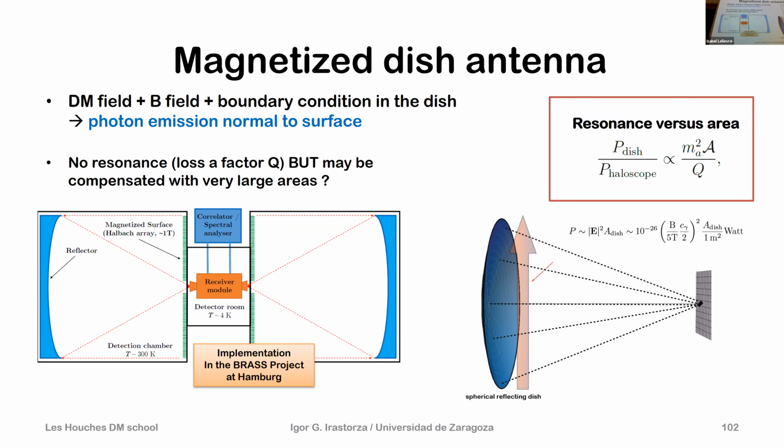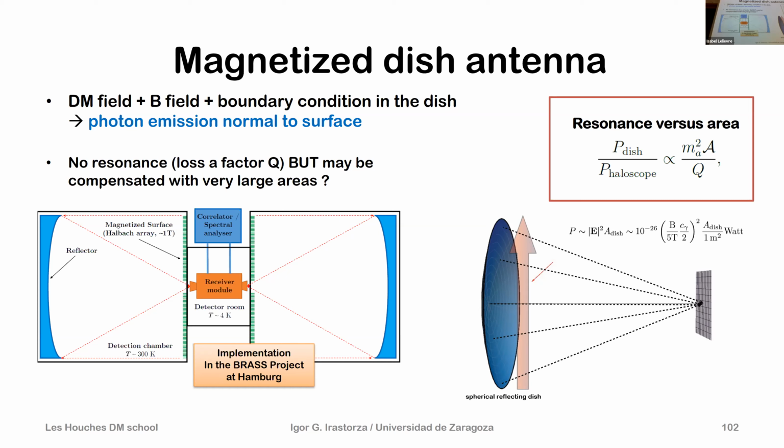So the first one is this magnetized dish antenna, which is a very simple concept that can be seen like a haloscope idea, but without any resonance. You have only a piece of a mirror, a surface. It's enough with a surface that is an interface between two media with different dielectric constants.